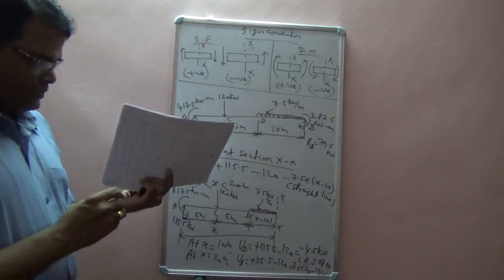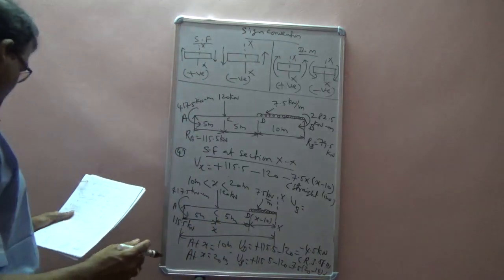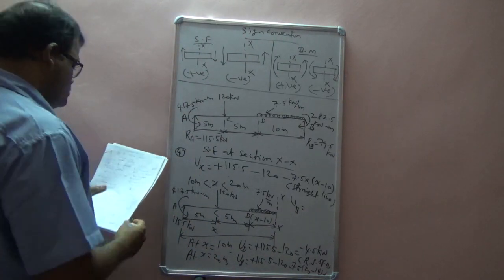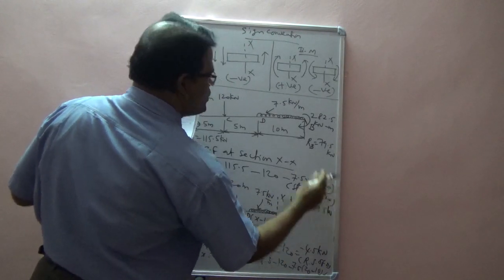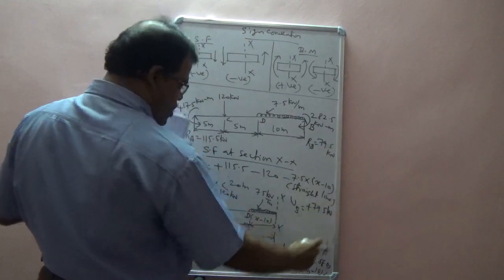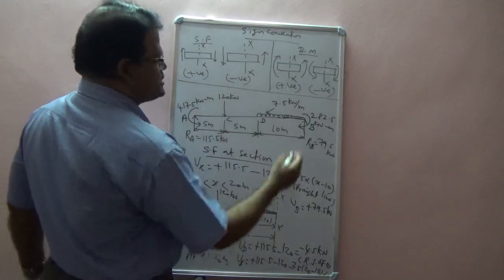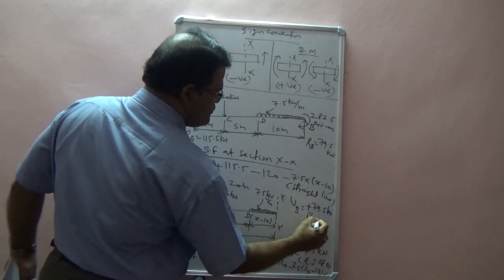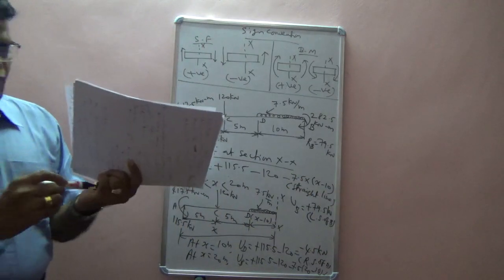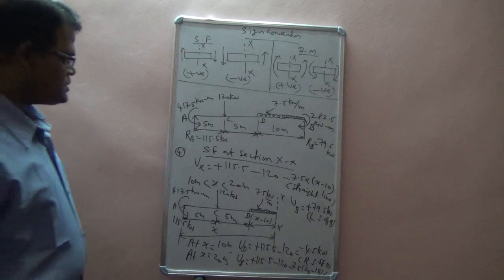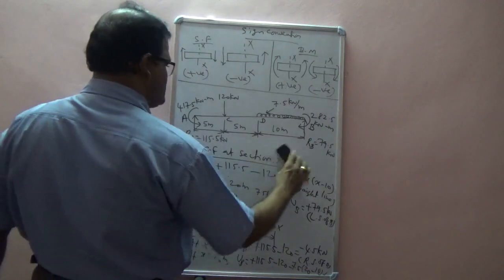Okay, so V suffix B will be equal to plus 79.5 kilonewton. If you calculate, you will get this value. So therefore, whatever calculation you made is correct. So this represents the left side of B. Okay. So far, whatever the forces, this is shear force, then we will calculate what would be the bending moment.